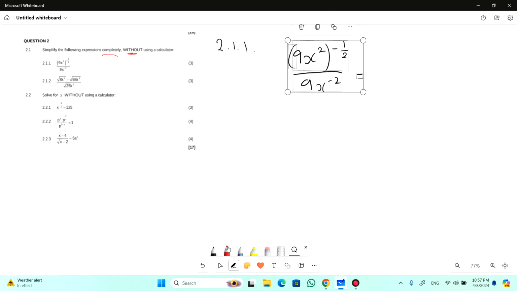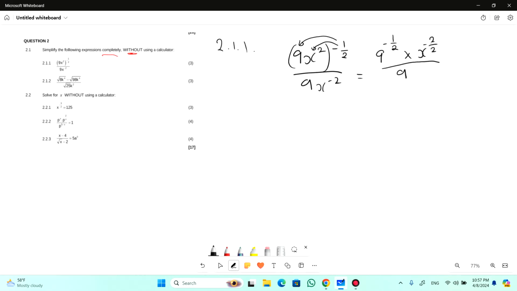The 9 will receive the negative a half, and the x squared will also receive the negative a half. Remember what we talked about, the properties of exponents. So meaning we'll have 9 to the negative a half times x to the 2 over 2, this is negative, all divided by 9 over x squared.